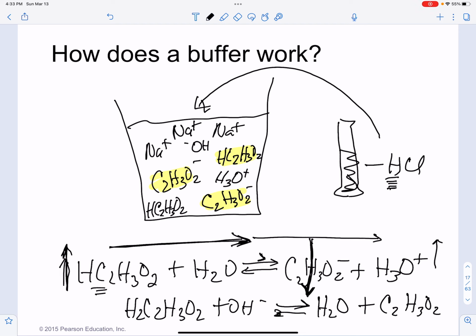So the fact that the buffer contains an acid and its conjugate base allows you to add a strong acid or a strong base, and one of those two substances in the conjugate base pair will neutralize the acid or the base, therefore preventing a change of the pH. So that's how a buffer works.